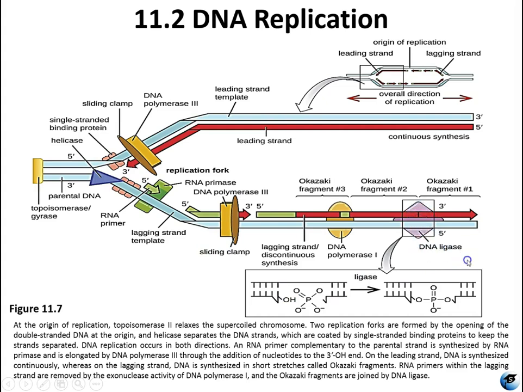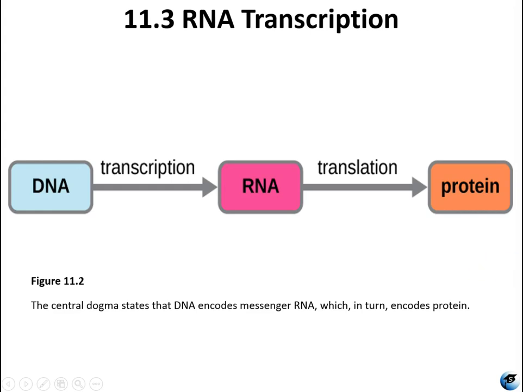The next thing we're going to get into is RNA transcription. And in order to keep things straight here, this is an extremely simplified figure 11.2, but it is good to have something really simple here to illustrate why we're talking about these things in the order that we're talking about them, okay? So the central dogma of biology is this, simply.